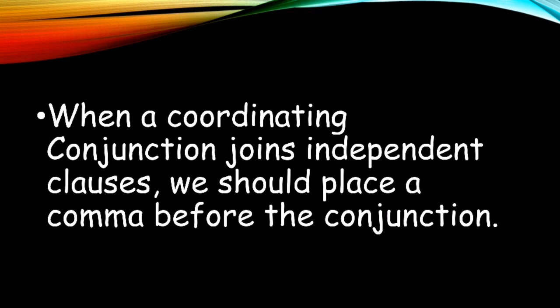So whenever you use a coordinator to join independent clauses, which give their own meaning, you will always put a comma before the conjunction or coordinator. This you have to keep in your mind.